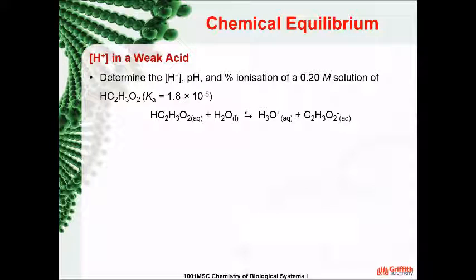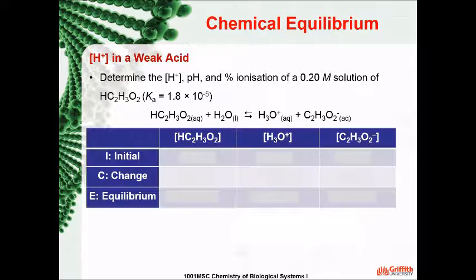Determine the hydrogen ion concentration, pH, and percent ionization of a 0.2 molar solution of acetic acid with the Ka shown. Acetic acid is a weak acid, and the following approach needs to be used when solving questions for weak acids. First, we set up the ICE table, which stands for initial, change, and equilibrium.